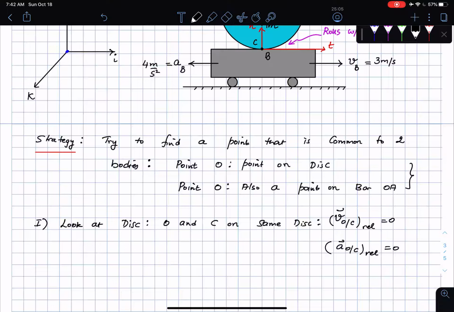That is, the distance between these 2 points is not changing, right? And that's what this typically says. So maybe I should write that down as well. This implies that the distance between O and C is fixed. Okay, so that's the meaning of that.